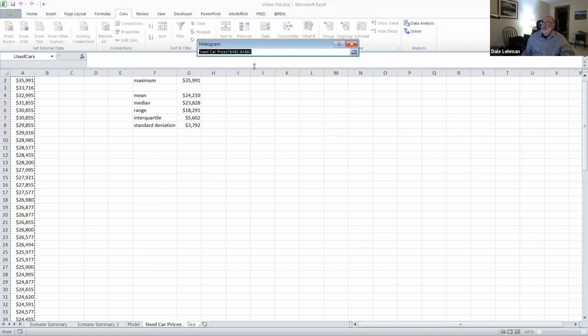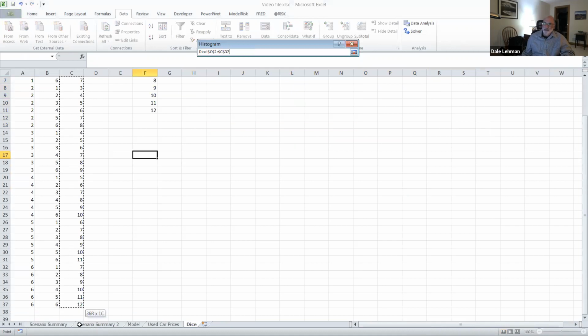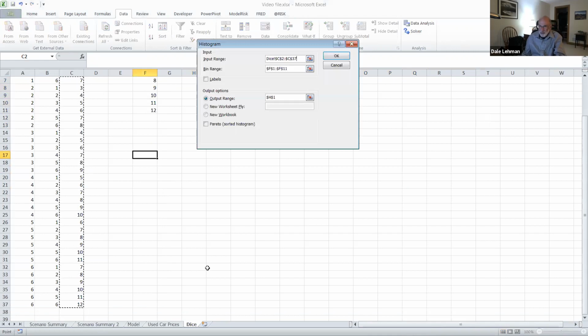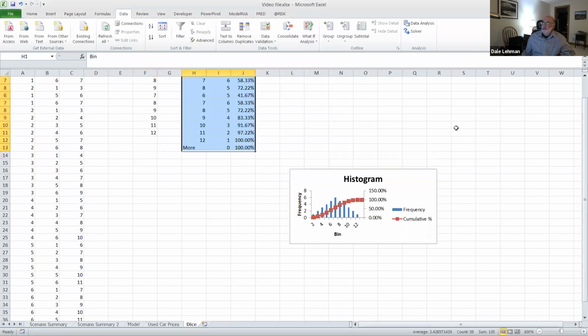Histogram. We will do that in a minute, but not now. Correct dice. This is the data. Got ahead of myself there. The bin range is correct. That's a bit better.